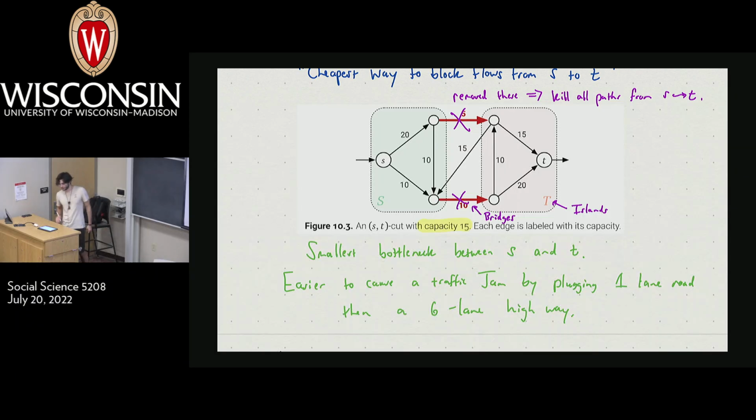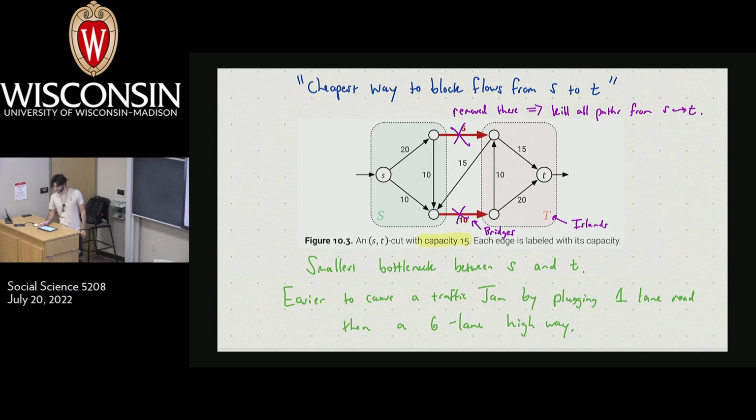So alternatively, you could think of S and T as cities, and the cut is breaking all the roads from one city to the other, so you can't transport between them.